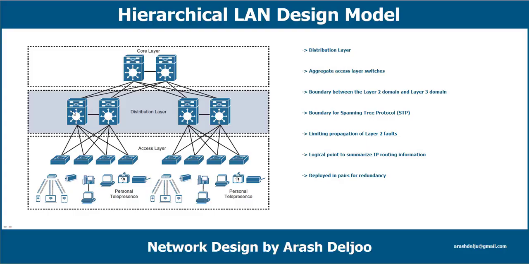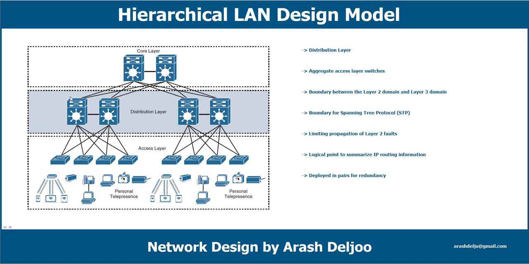In most cases we use one of the distribution switches as the primary root bridge and another as the secondary root bridge in STP, and it limits the propagation of layer 2 faults. These two features, the boundary for STP and limiting the propagation of layer 2 faults, occur on the layer 2 side.